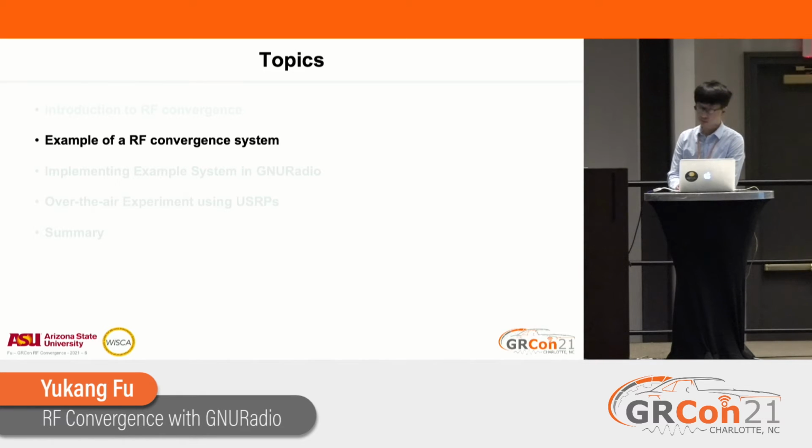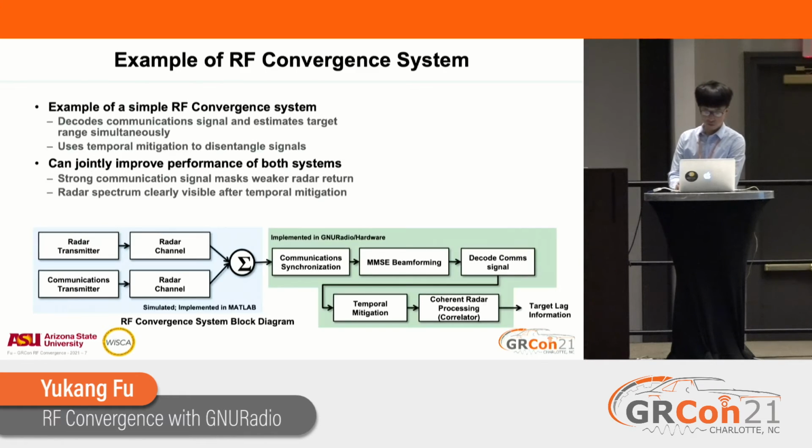Next part, I will provide an example of a simple RF convergence system. The block diagram is as you can see here. It decodes the communication signal and estimates target range simultaneously. It uses temporal negation to disentangle signals, and it can jointly improve the performance of both systems.